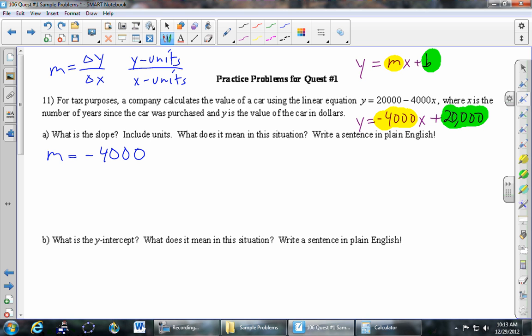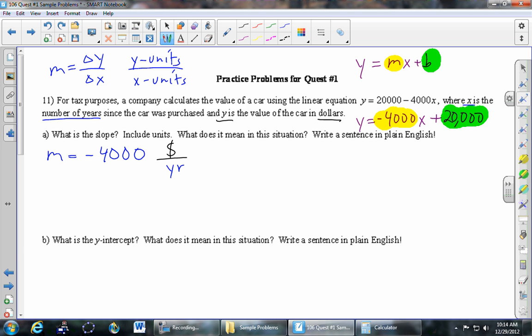So what are the y units in this case? Y is the value of the car in dollars, so the y units are dollars per. And then the units for x, as x is the number of years. So the units for x is years. So that's negative $4,000 per year.